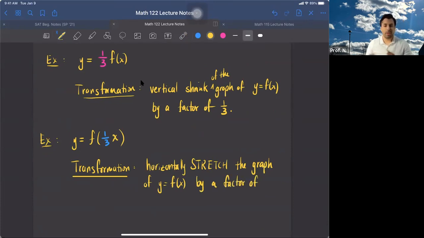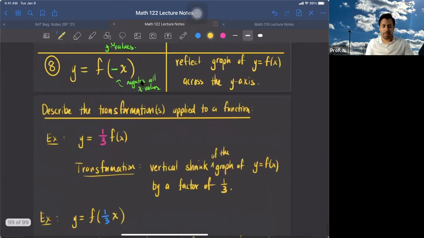What would we stretch it by? A factor of 1/3? Are you sure, Sydney? You're stretching it. It's 1/3, which would be 3. It's a little strange to say, but it's 1 divided by 1/3.